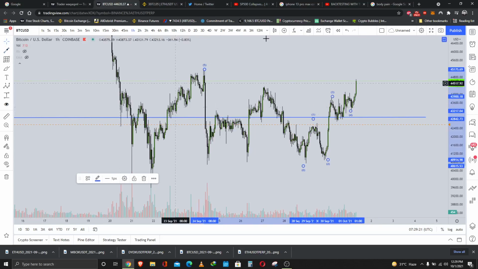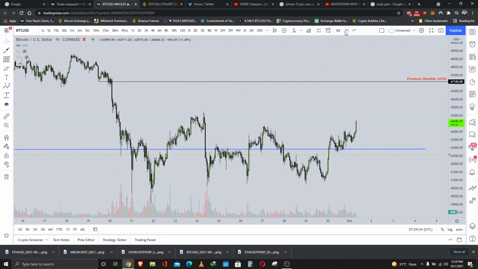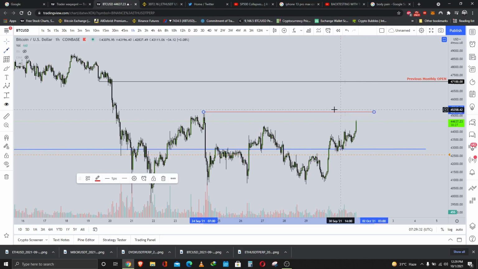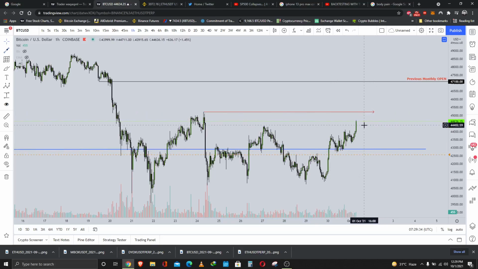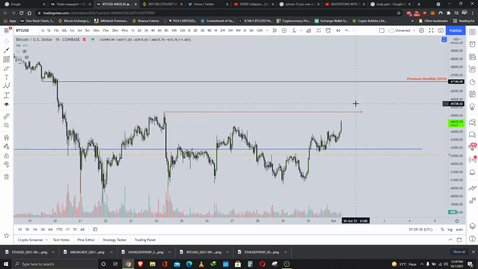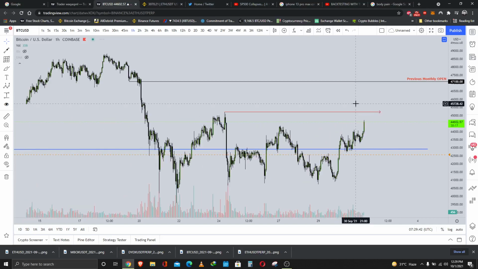Let's knock out that high. Take out all the stops sitting above it. Just knock it out. This is what I want. I would like to see us knock out this high and look for the next opportunity. This is what I think, and this is what I believe we should do.